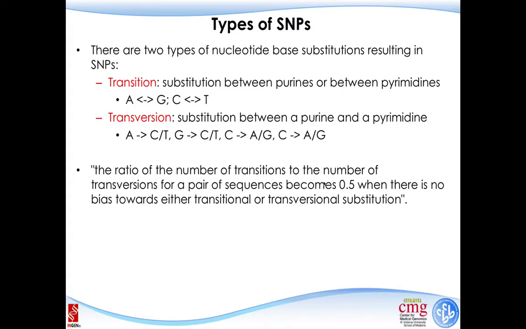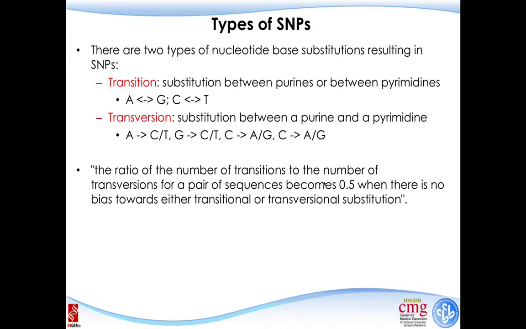There is an important application of the transition and transversion in the next generation sequencing data analysis. So if you read this sentence, I hope this will make sense. That is the ratio of the number of transitions to the number of transversions for a pair of sequences. It should be 0.5 if there's no bias towards either transition or transversion substitution, right?